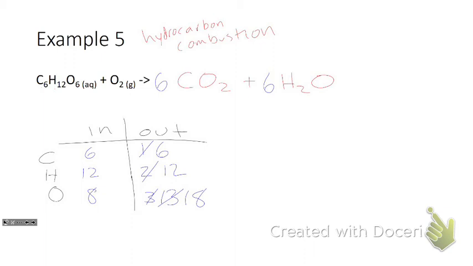Right, so we need 10 more. And we already have 1, so this is going to be a 6. So 6 times 2 is 12, plus those 6 there is 18. All good? Excellent. All right, so that is predicting reactions.